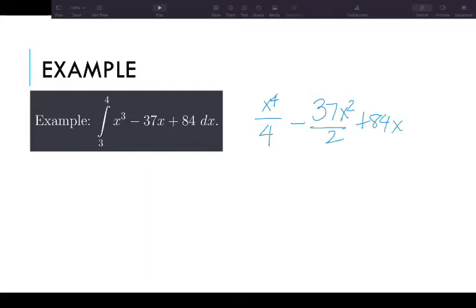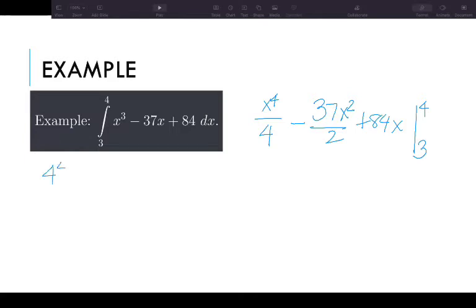When we integrate this, we get x to the fourth power over 4 minus 37x squared over 2, plus 84x from 3 to 4. So we just simply substitute.